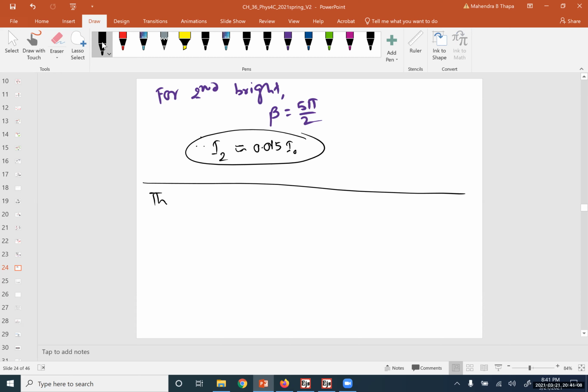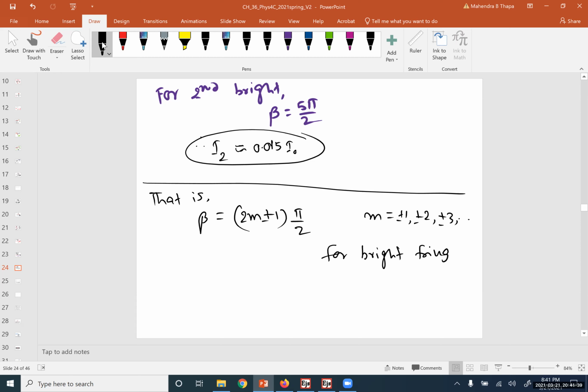So in summary, we can say that beta equals (2m plus and minus 1) pi over 2. Okay, so m equals plus and minus 1, m equals plus and minus 2, m equals plus and minus 3, and keep going like this for the bright fringes.